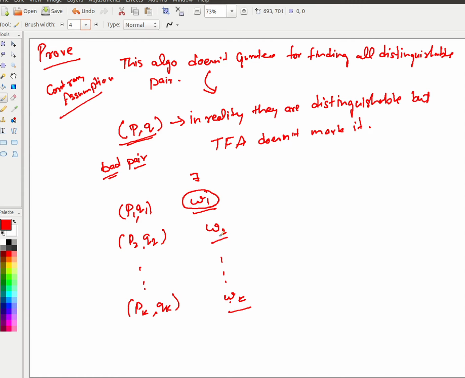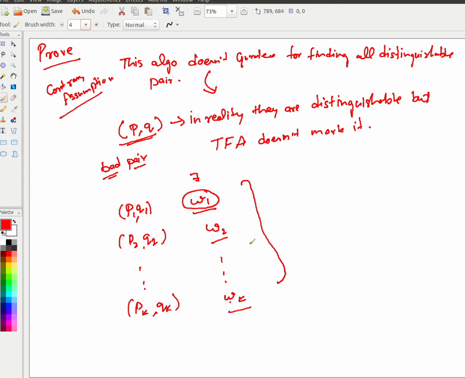Same thing for W2: W2 is the smallest among all strings that prove P2 and Q2 are distinguishable, and the same thing for WK. So individually these are the smallest strings to prove that each pair of states is distinguishable.